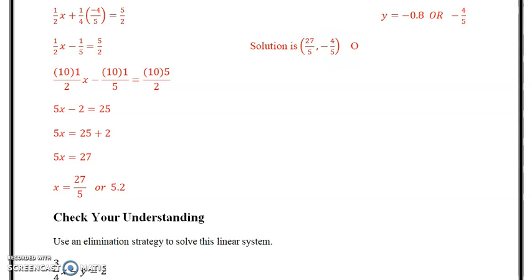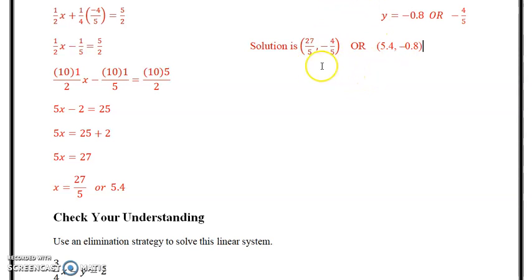Or, because it's terminating decimals, you can leave it as a decimal answer of 5.4 and negative 0.8. So both these are equivalent.